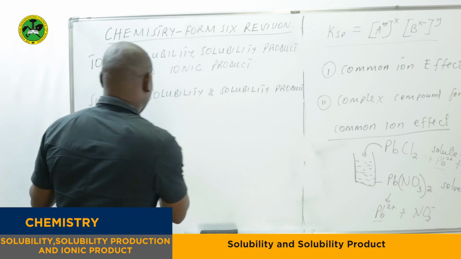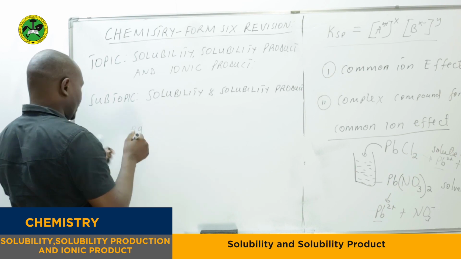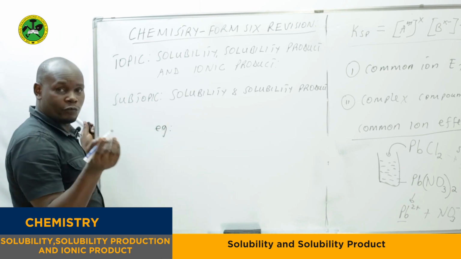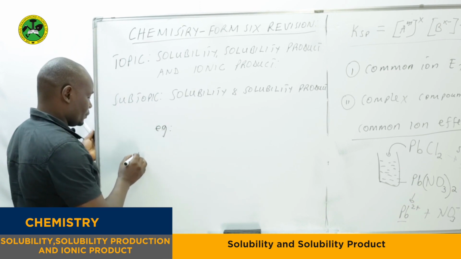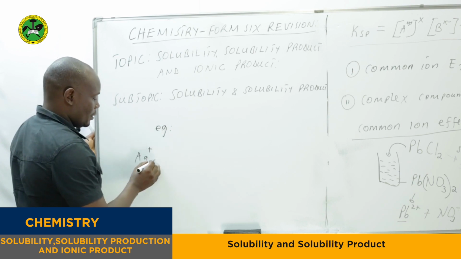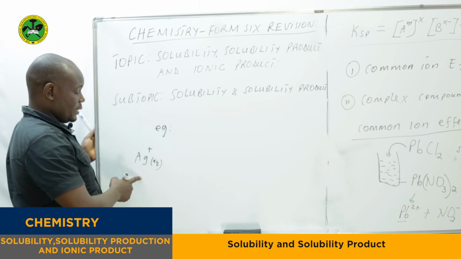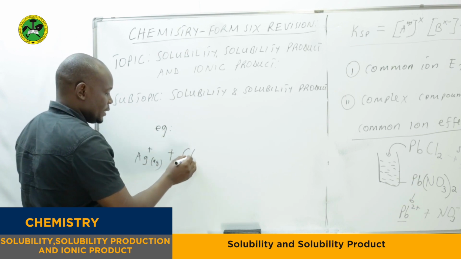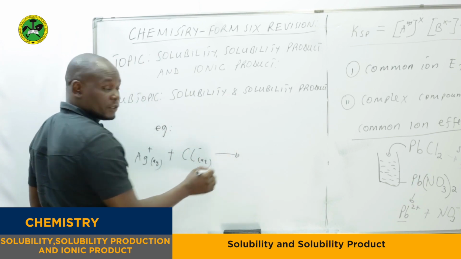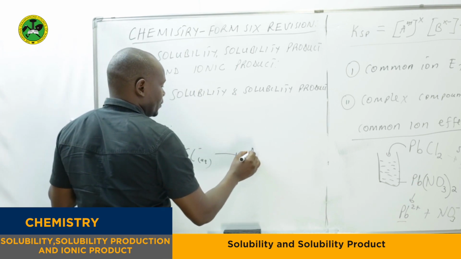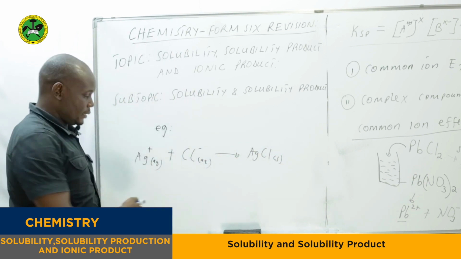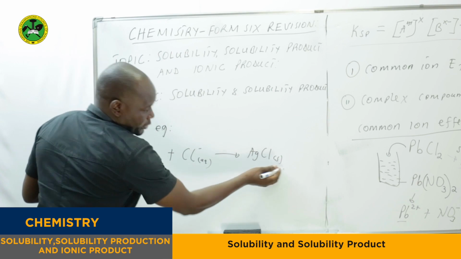For example, if you have a solution of silver nitrate, and to that solution which contains silver ions you add chloride ions, it will result in the formation of a white precipitate of silver chloride. That is under normal conditions, and this is a solid.